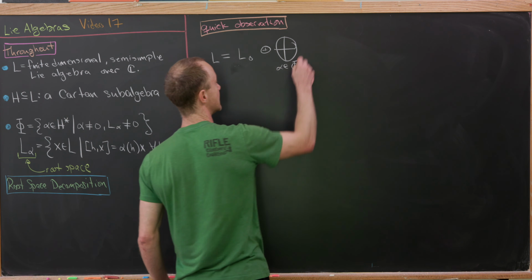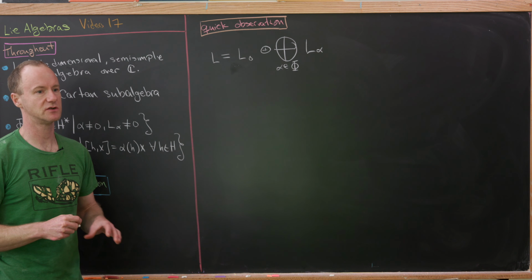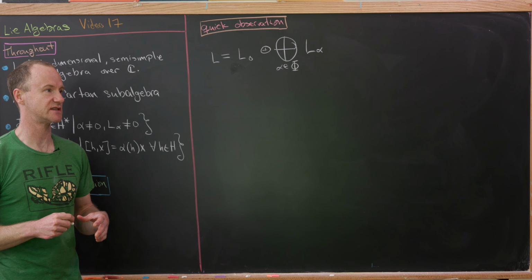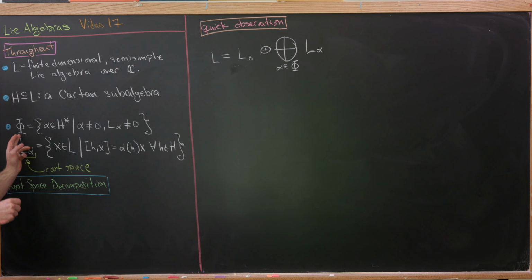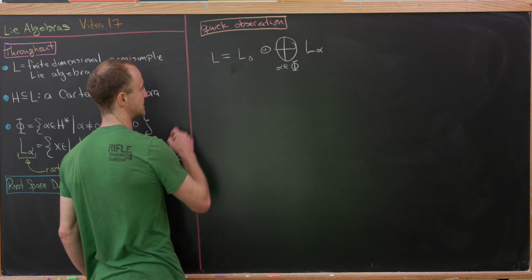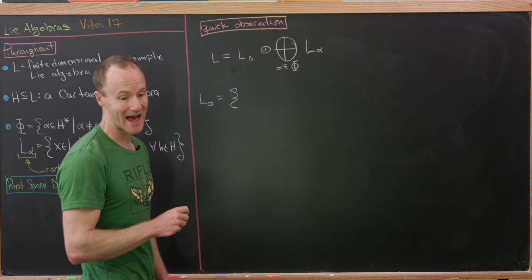But now I'd like to make that a little bit nicer to extend the dependence on H. Notice that the dependence on H is inside of this already, given that this Phi is built out of things from H star. But now I'd like to notice that L sub 0, well, what is that?